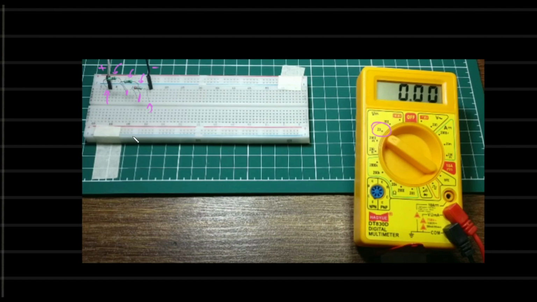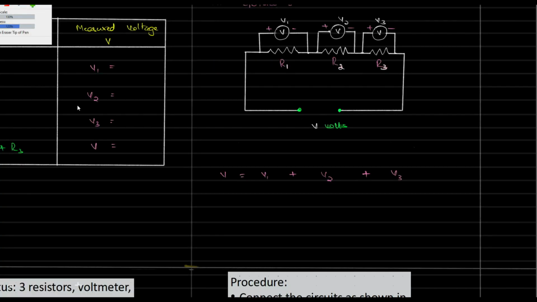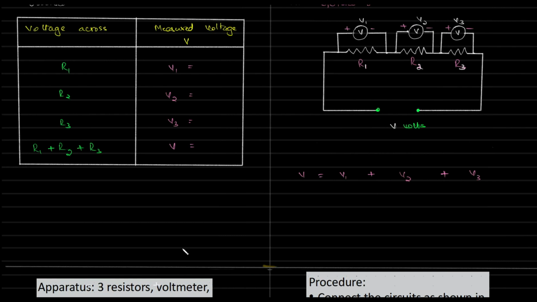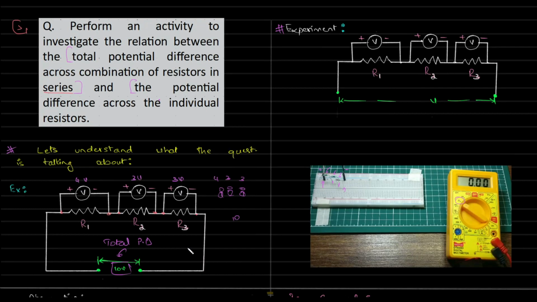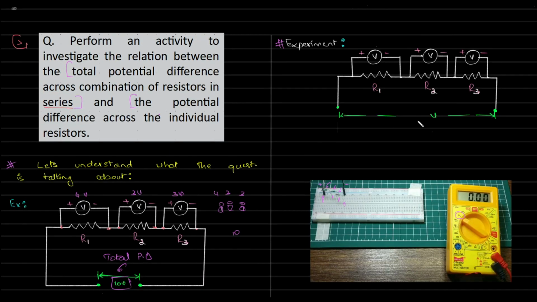What we have to do here is, you have to note down each value. I'll take the voltage across the combination first, that is this value, and then individually I'm measuring. So you have to note that down on paper. Try to take an average. You won't get the exact value.